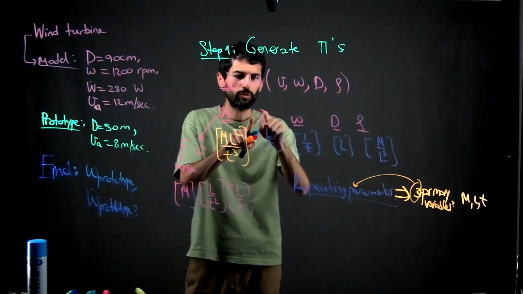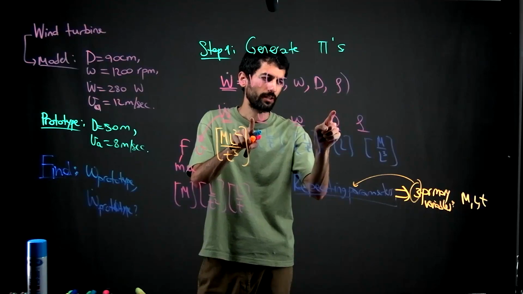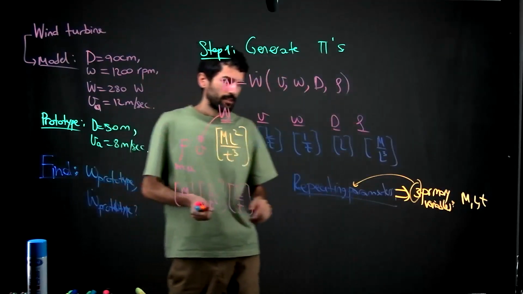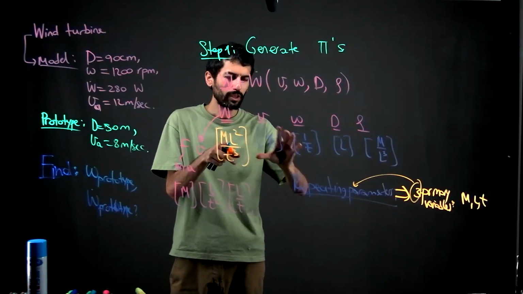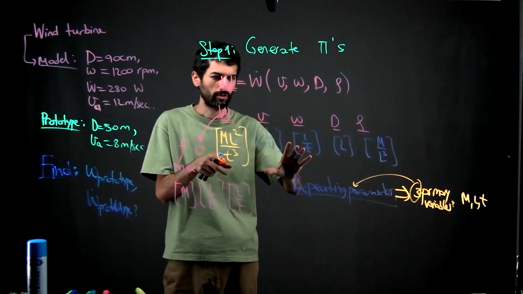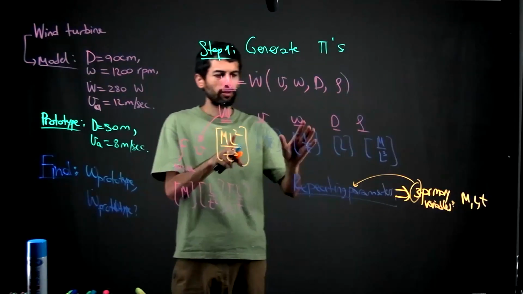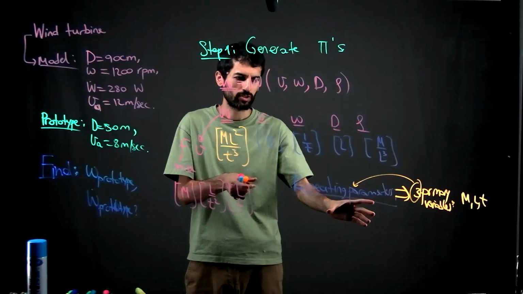So then we will look for the velocity, this one, the rotational speed, then the diameter, and then the density. Okay? And the rules that we know, we can choose any 3 of them, okay? Because there is nothing that violates the rules for choosing the repeating parameters.